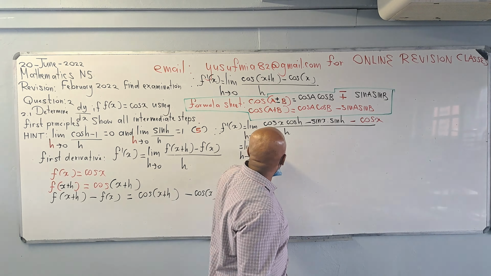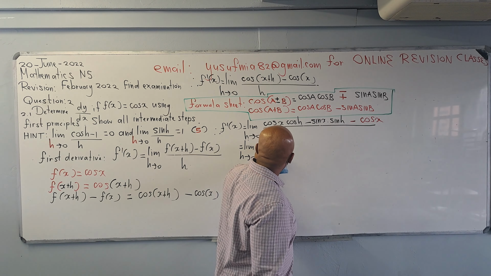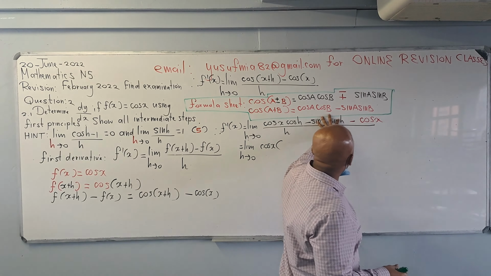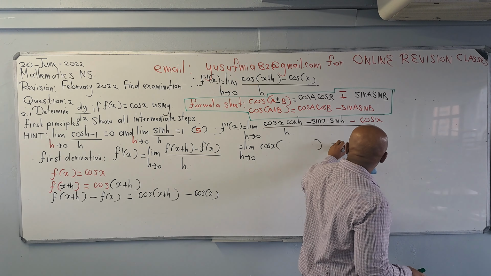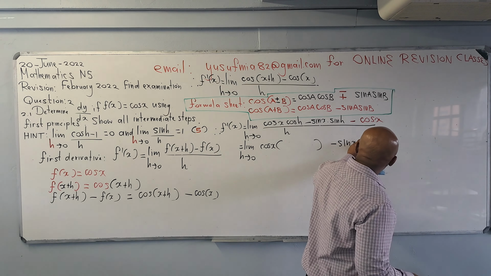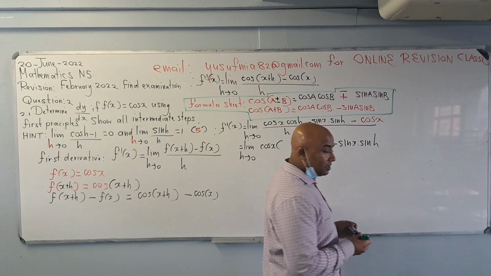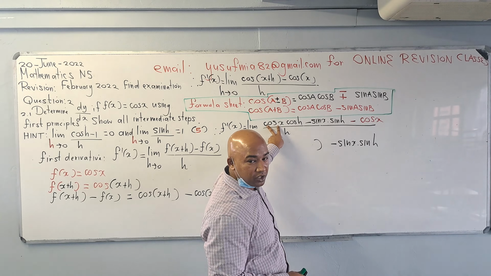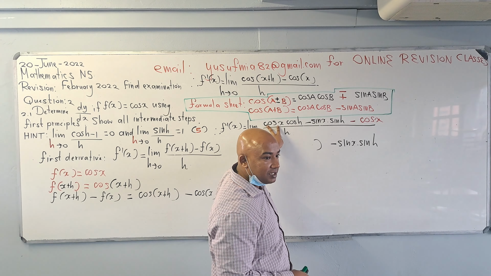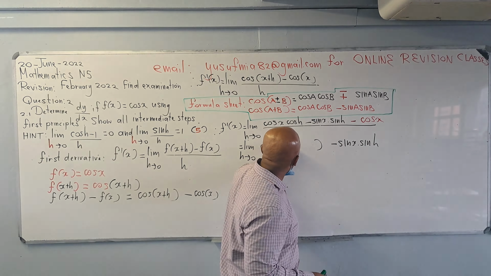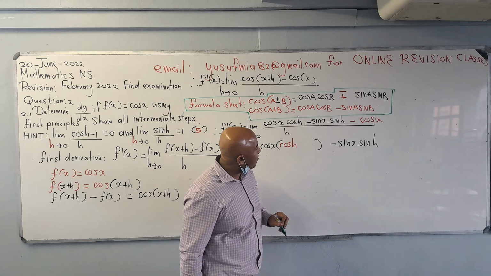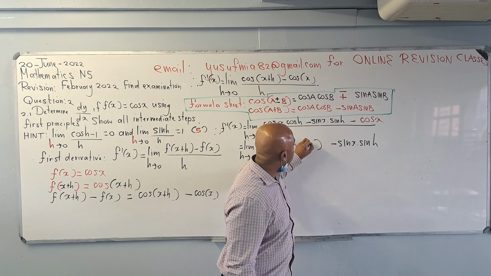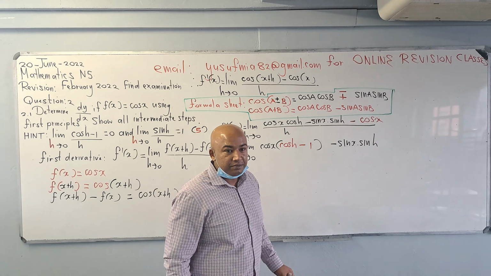So my common factor here is going to be cos x. This is not common, I'm writing it down here: minus sine x times sine h. That is not common. So I took out cos x as a common factor, so I'm left with cos h minus 1. You're clear with that?